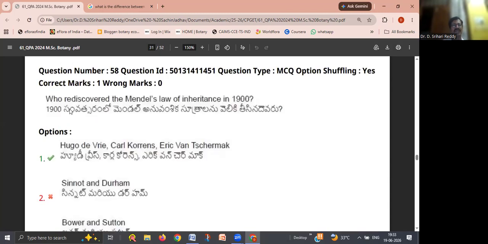Next one is, who rediscovered Mendel's laws of inheritance in 1900? Actually, Mendel proposed his laws of genetics in the 18th century. And more or less 100 years later, these laws were approved.